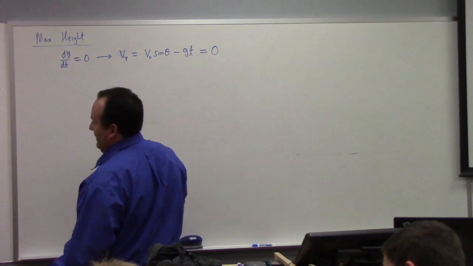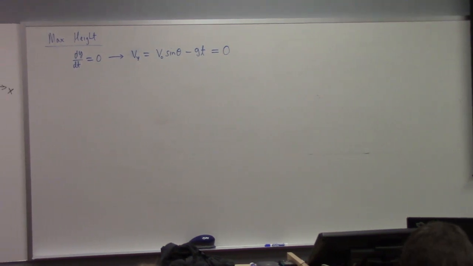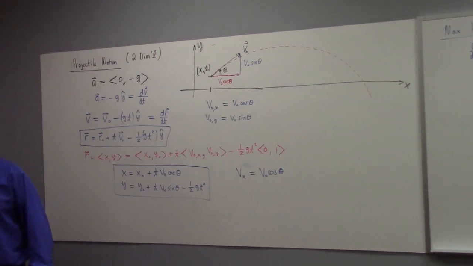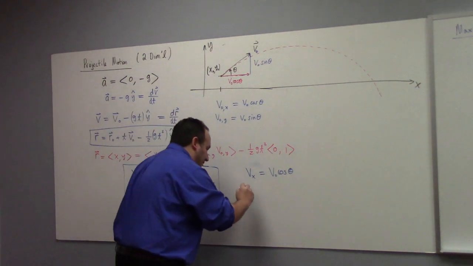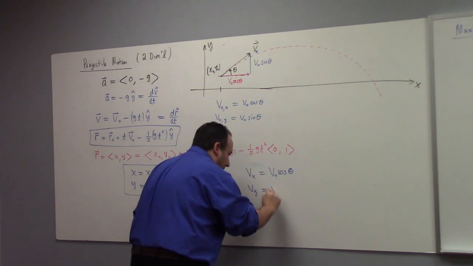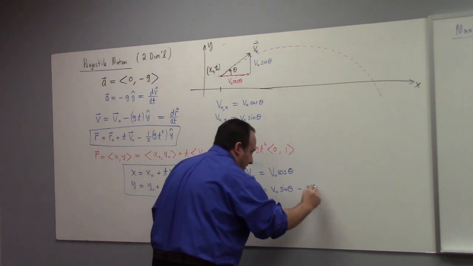Now, I guess I didn't write that down yet, shouldn't I? I should write that, shouldn't I? Here are the other formulas. Vx is equal to v0. That's it. So there's your formula for the velocity as a function of time. For the x, it's kind of boring, right? Whatever x velocity it has at the start, it has at the end. That's it, because we're ignoring air friction. Vy is v naught sine theta minus gt.